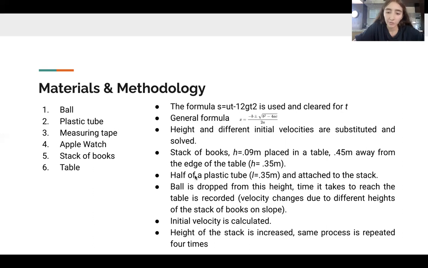The half of the plastic tube, which had a length of 0.35 meters, was attached to the stack of books, and the ball was dropped from this height into the ramp, and the time it takes to reach the table was recorded, and the initial velocity was calculated with the length and the time it took to reach the table. And then the height of the stack was increased, and the same process was repeated 4 times.